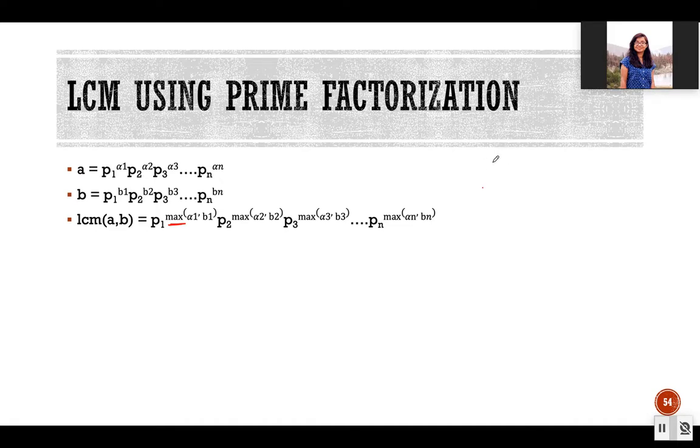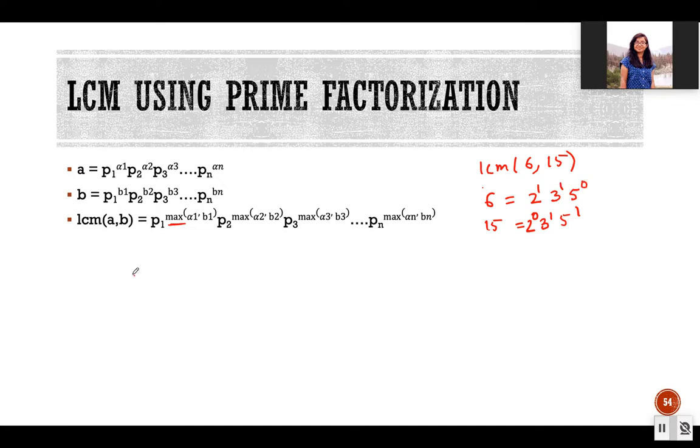For example, let's find the LCM of 6 and 15. I can represent 6 using prime factorization as 2 and 3, with powers of 1. 15 is 3 times 5. Now I want to represent them with common prime factors, so I add 2 with power 0, and add 5 with power 0.